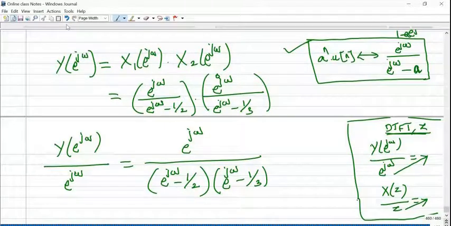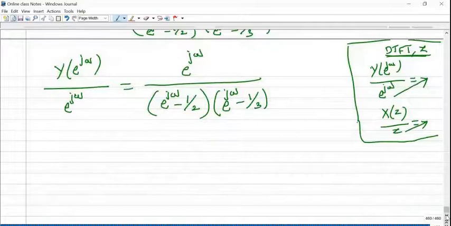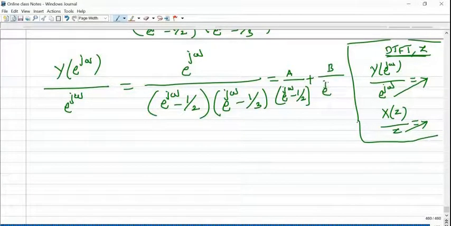Now apply the partial fraction method. Two simple poles: A divided by e power j omega minus 1 by 2 plus B divided by e power j omega minus 1 by 3.